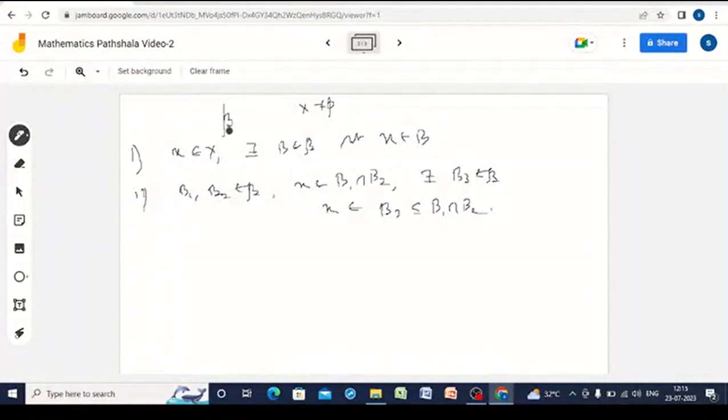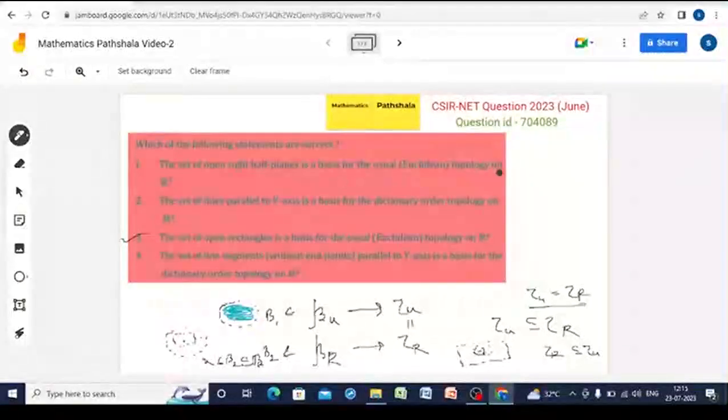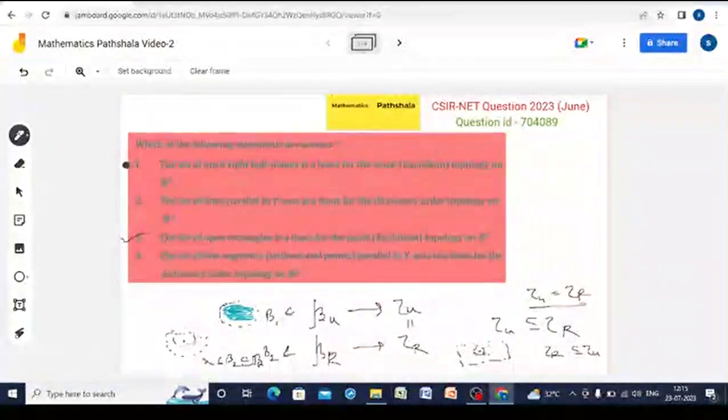So if a script B, a collection of subsets of X, satisfies these two conditions, then we say that script B is a base for some topology on X. Now again look at option 1. The set of open right half planes is a basis for the usual topology on R2. We now show that option 1 is not correct.